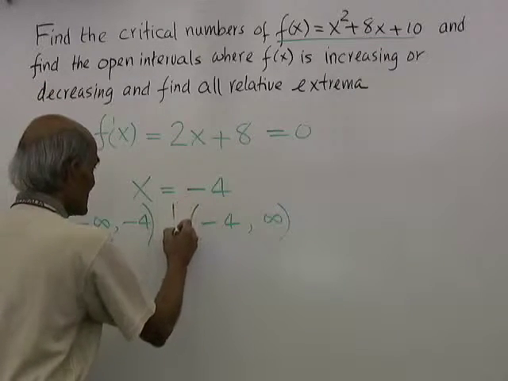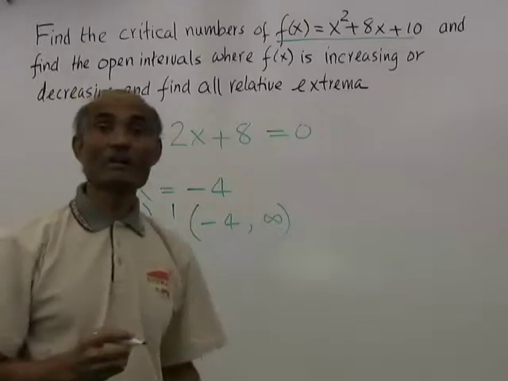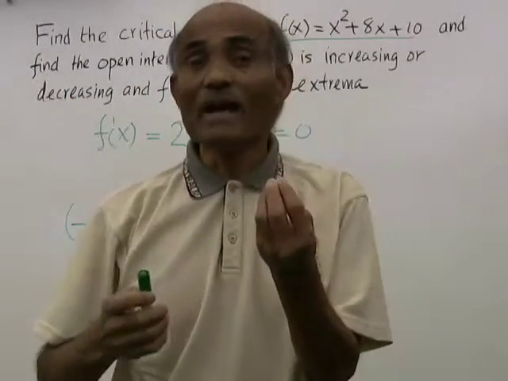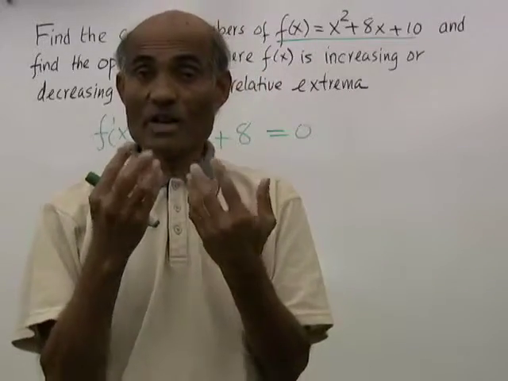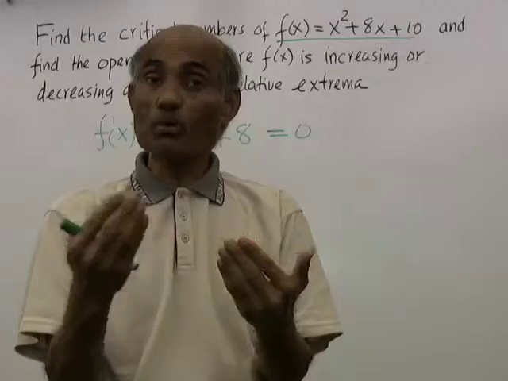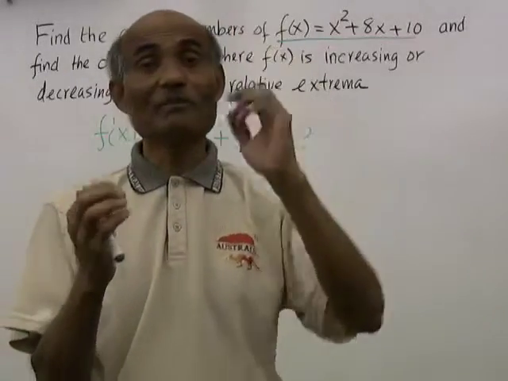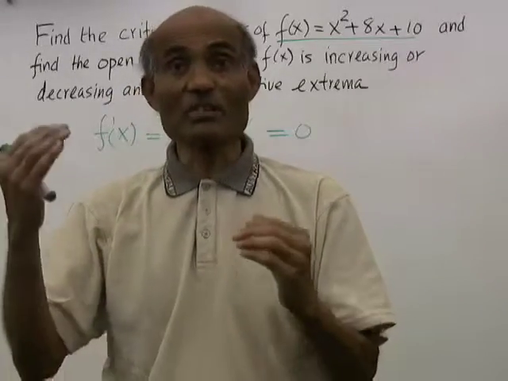Alright, let's now look at these two intervals, and we need to figure out the behavior of the first derivative. Now remember, you know that if the first derivative is positive, then the function is increasing. If the first derivative is negative, then the function is decreasing.